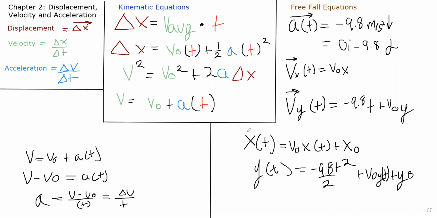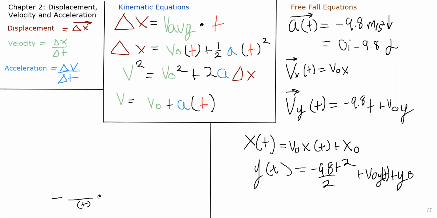And finally, we can go over our free fall equations. These will be helpful in questions where they tell you that you're dropping something from a fixed position. Let me quickly erase before we get into that. And we'll use pink.